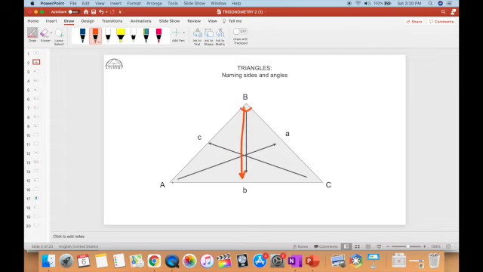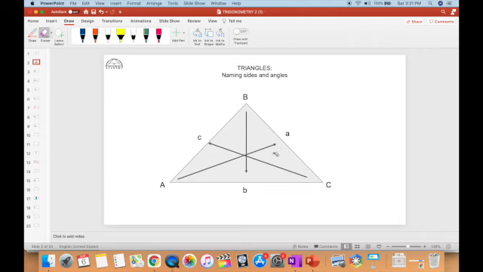Opposite the angle A, I will have the side a. Opposite the angle C, I will have the side c. So the angles are in capital letters and the sides opposite the angles are in small letters. Everybody okay with this? We saw this when we did the elements of a triangle back in geometry.